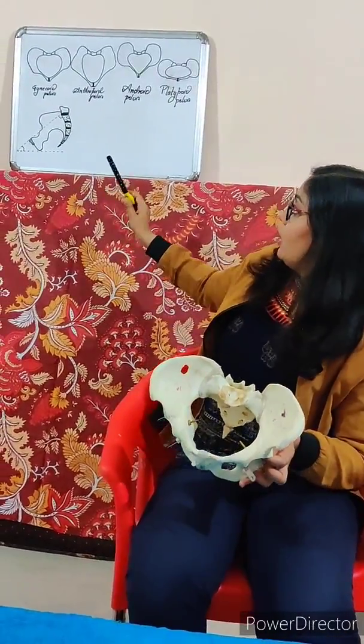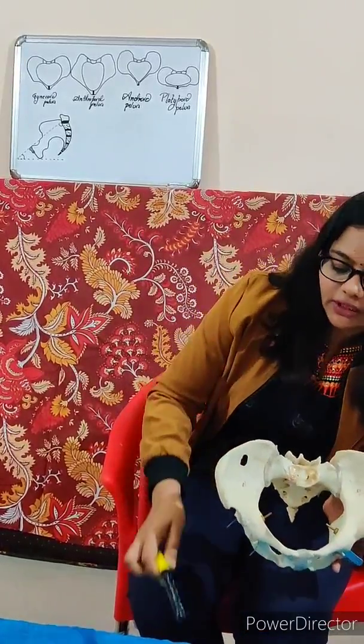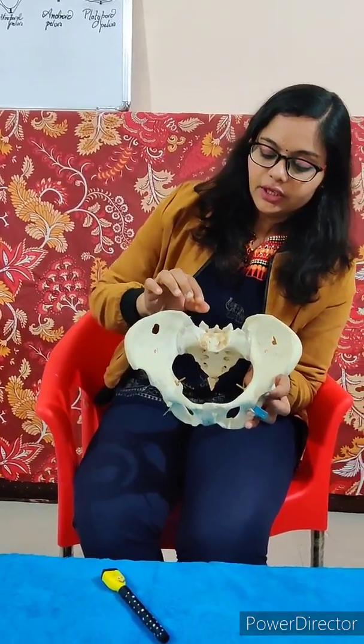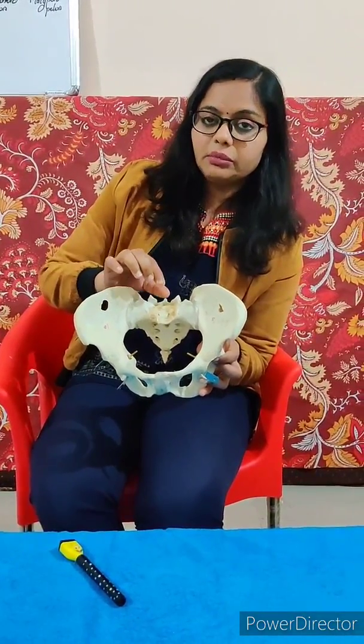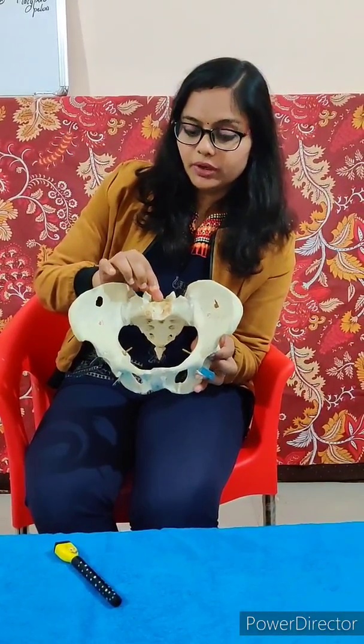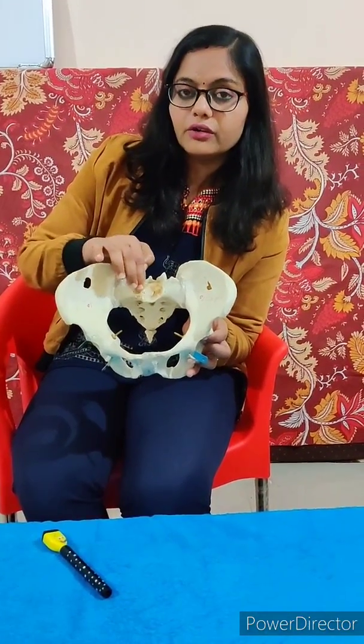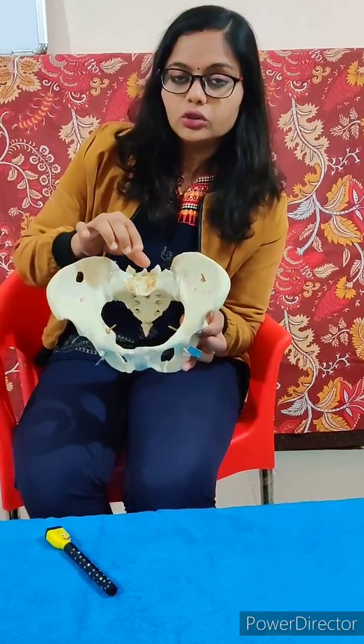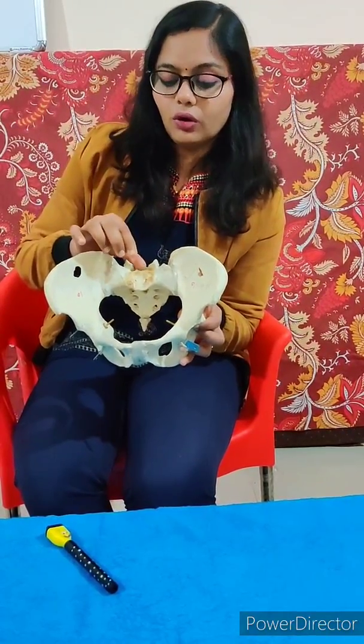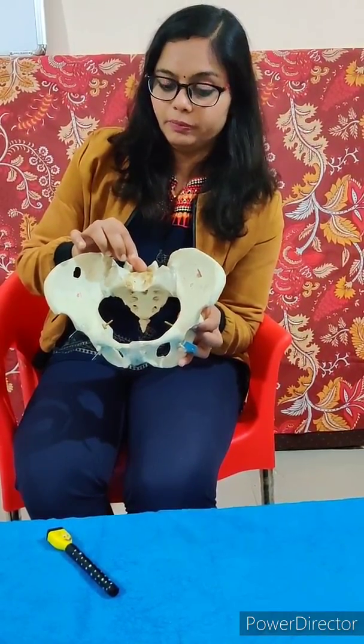Now what is the significance of this angle? There are two conditions. One is, sometimes the fifth lumbar vertebra gets fused with the first sacral vertebra. This is called sacralization of the fifth lumbar vertebra.